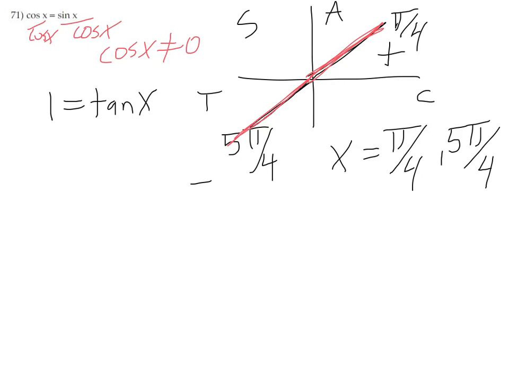And in neither pi fourths nor 5 pi fourths does cosine x equal 0, so I'm not going to have a divide by 0 issue. Anytime you divide by a function, you always have to worry about making sure that's not 0. And again, at our two solutions, cosine is not 0 there, so that's a safe step. So these two solutions are it.